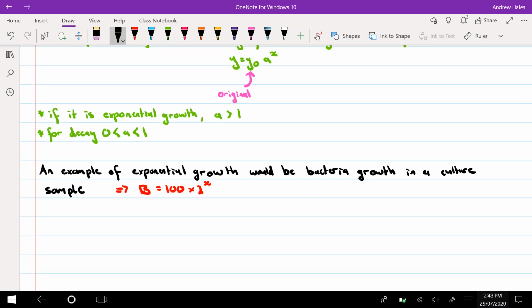An example of exponential decay, sorry, would be, for example, the value of a car.